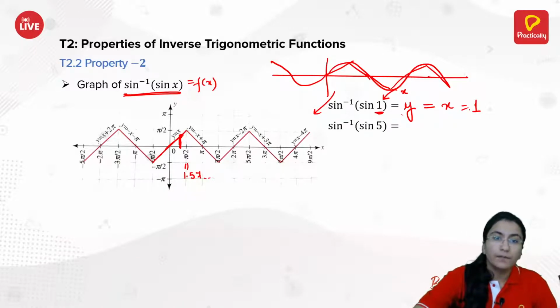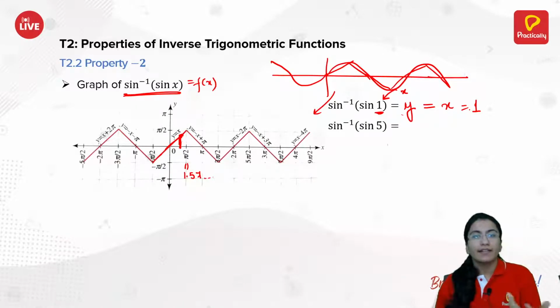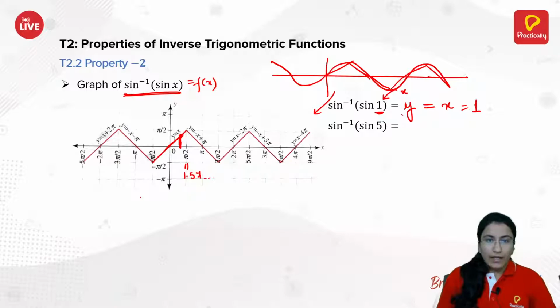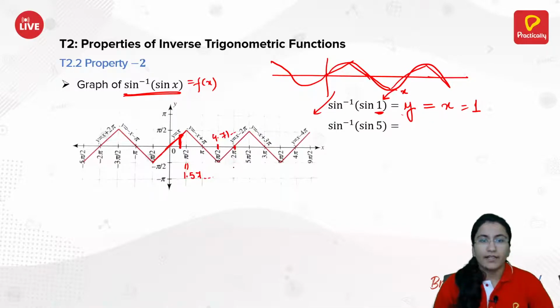But what if you have to calculate sine inverse of sine 5 or sine inverse of sine 10? Such values you need to calculate. So sine inverse of sine 5, let's just see. We have 3 pi by 2, which is around 4.71, I'm just approximating the value, and 2 pi is around 6.28.